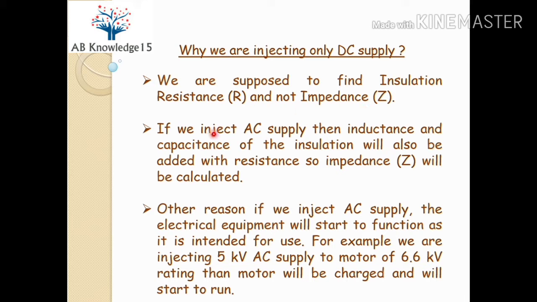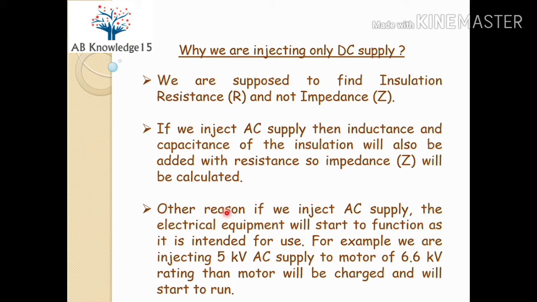If we inject AC supply, then the inductance and capacitance of the insulation will also be added to the resistance, so impedance Z will be measured. You cannot measure the resistance R if you inject AC supply. That's why we inject only DC supply. DC supply will measure only the resistance, not the capacitance or inductance.